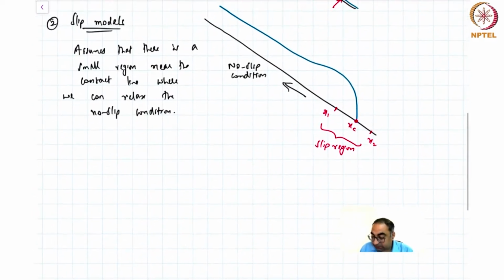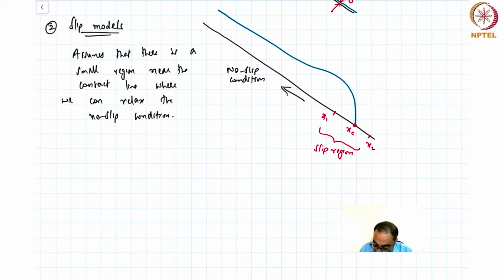The exact details vary between various slip models, but the general feature is that there is a small region within which you can relax the no-slip condition. A common slip boundary condition that one can employ is the Navier slip condition.